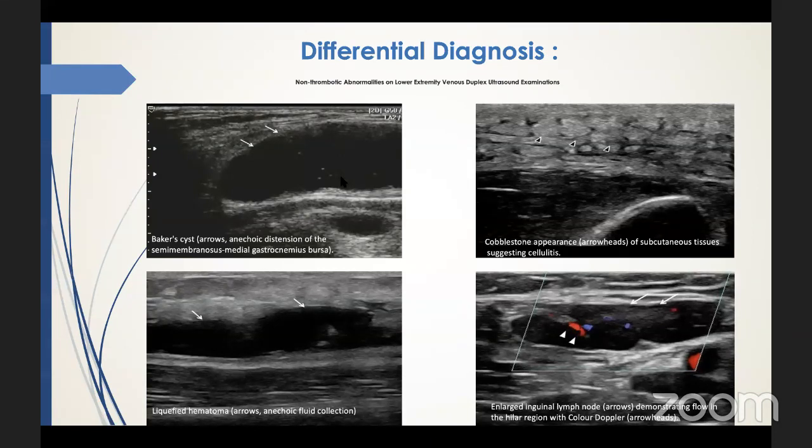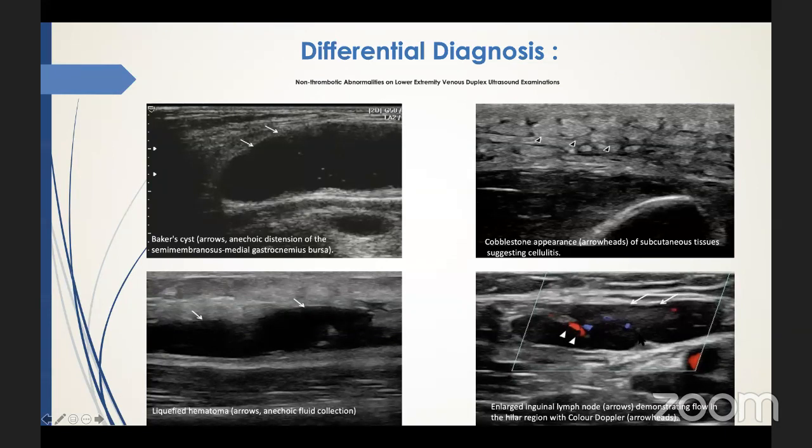You need to make sure that it's not compressing or putting pressure on the vessels, either the arterial or venous system. And you could apply color filling here just to make sure that there is no blood supply within this cystic lesion or Baker's cyst. A normal hematoma can be found anywhere, and also lymph nodes, particularly at the upper thigh, we find them inflamed and enlarged.